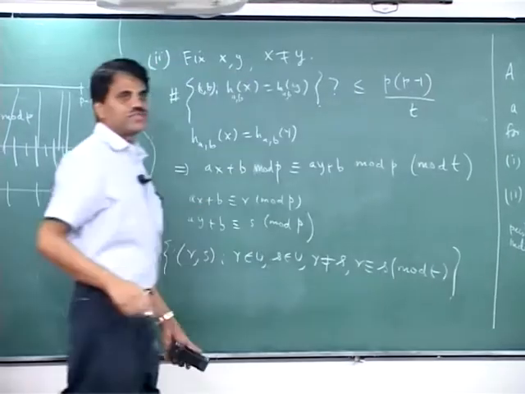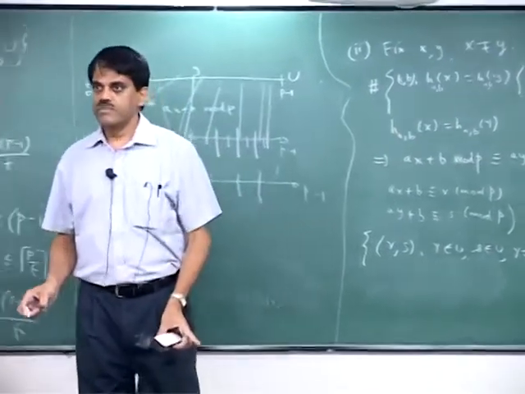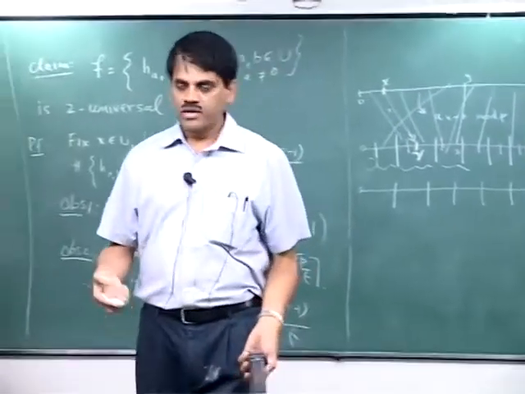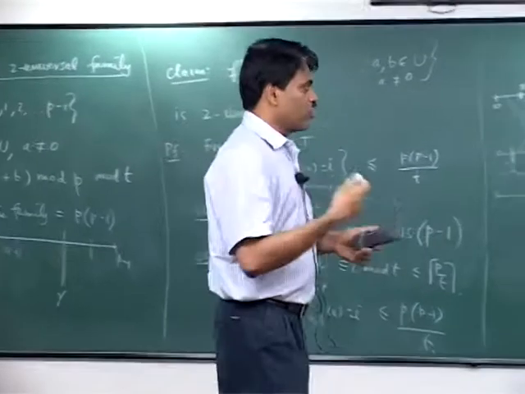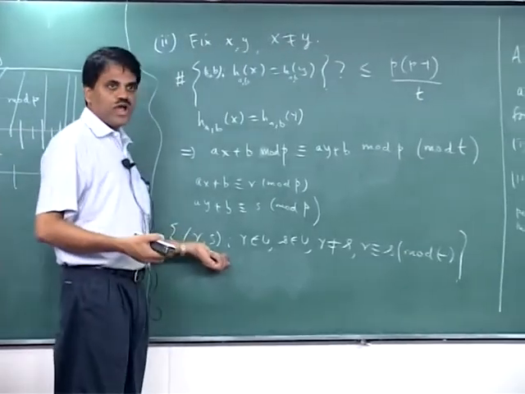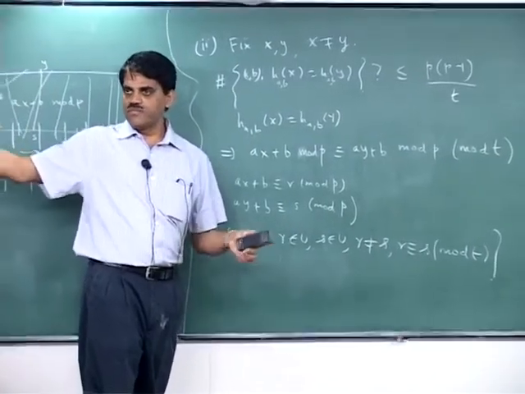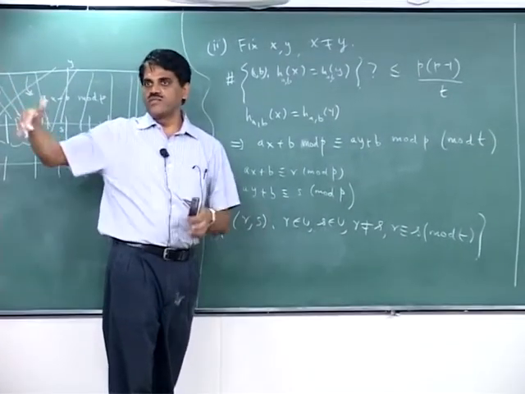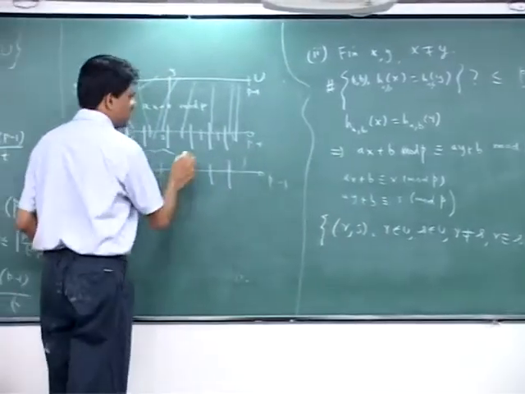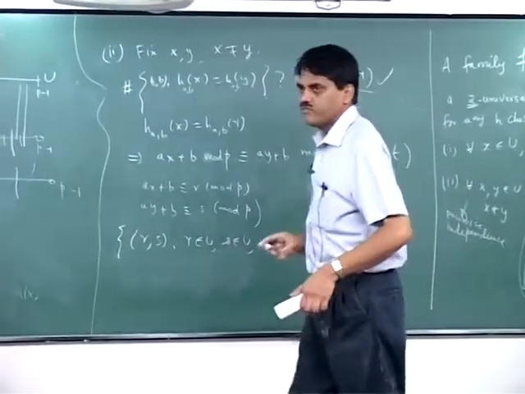That's the number of ABs that will do this. That would be P into P minus 1 by T. Exactly, because you will have P choices for one, and then, because R is not equal to S, you have to pick from the other P by T minus 1 of these columns, and so it's again P into P minus 1.